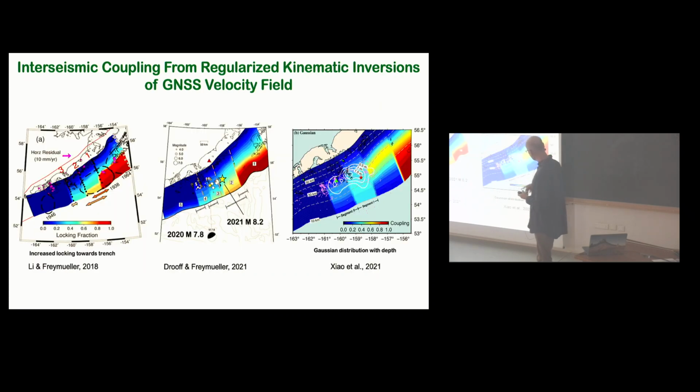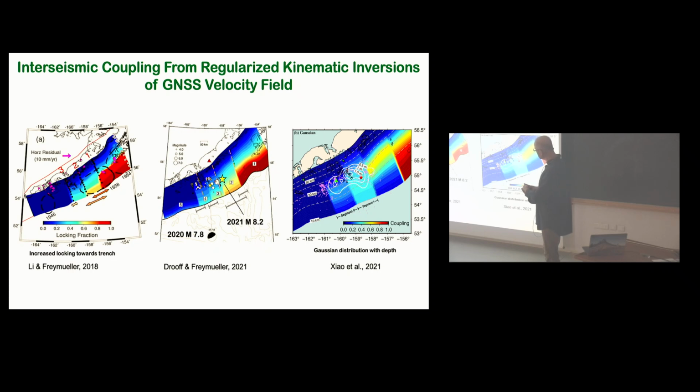So these are three very similar looking coupling models that Jeff and students and postdocs had developed over the years that all show sort of the same first order variation. As you go from east to west, the degree of coupling, so this is now in locking fraction where 1 means it's fully locked, where 0 means the plate boundary is slipping at the plate convergent long-term slip rate of the subduction thrust velocity.